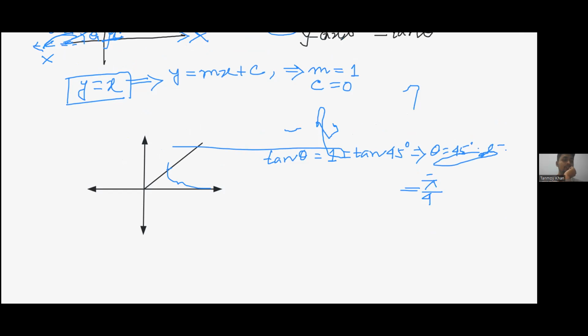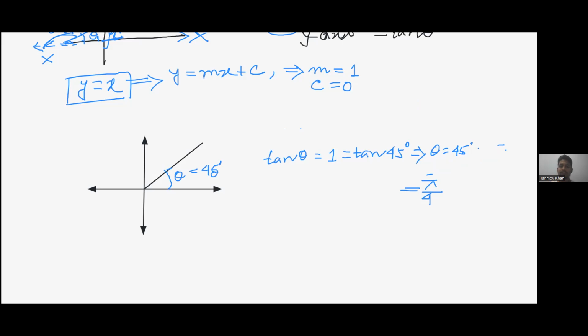So let me just erase this and take the problem. So that means this angle theta is 45 degrees.